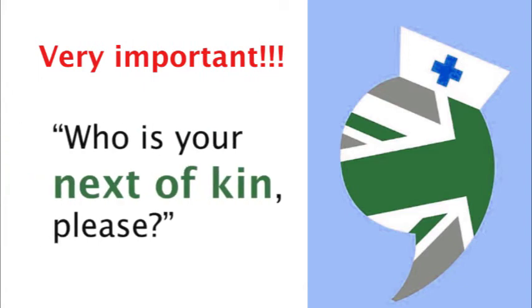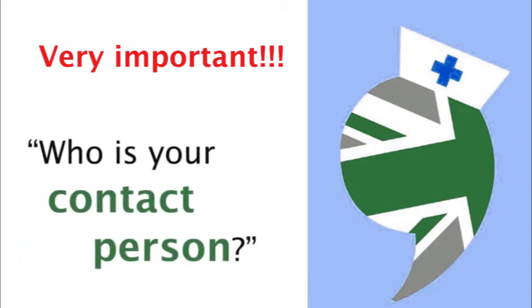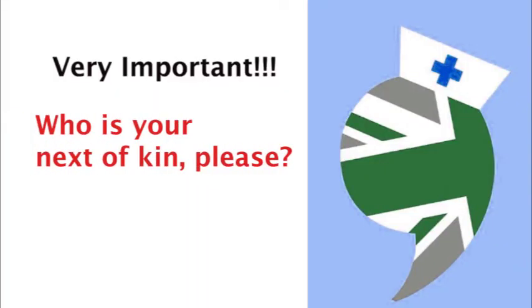Another question, and also important, very important question in the admission phase is, who is your next of kin? Or you could ask, who is your contact person? This can be a family member, but also it can be a good friend or anybody who the patient tells you should be contacted if we nurses need to. The question again would be, who is your next of kin?